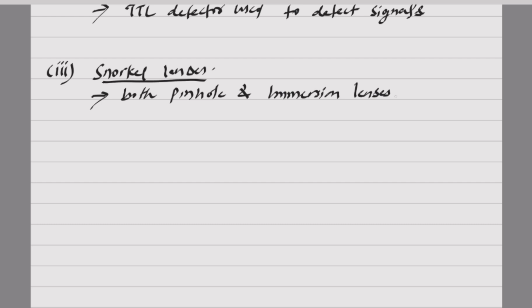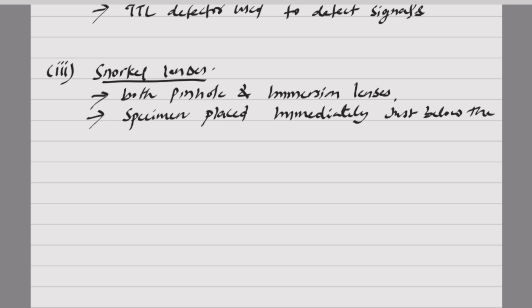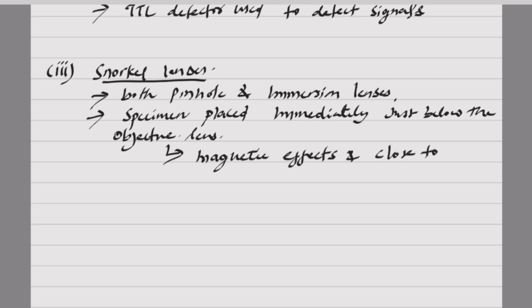Here the specimen is placed immediately below the objective lens, so that there are both magnetic effects and the placement is very close to the surface of the specimen.